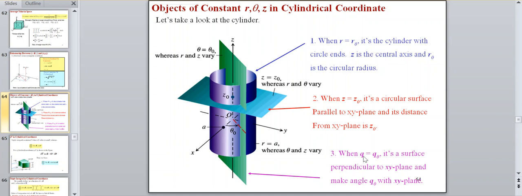So when we say theta equals theta 0, the surface of this equation is a plane.